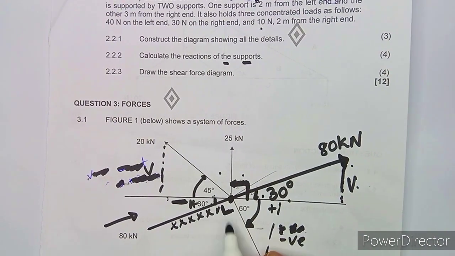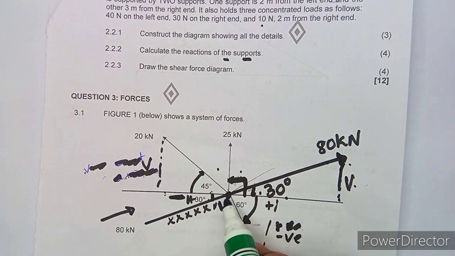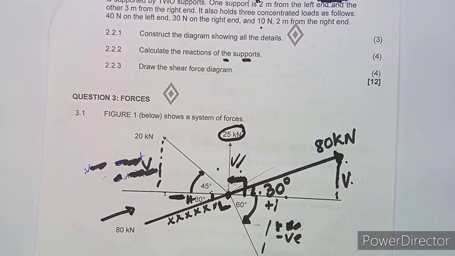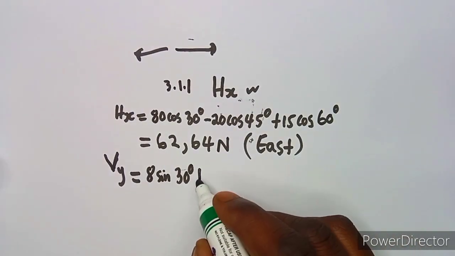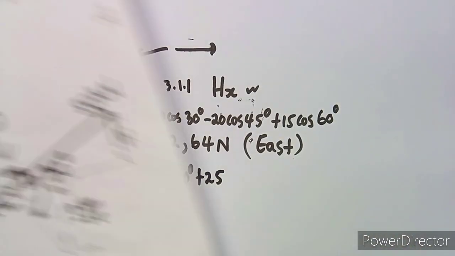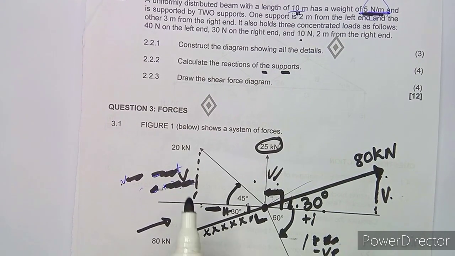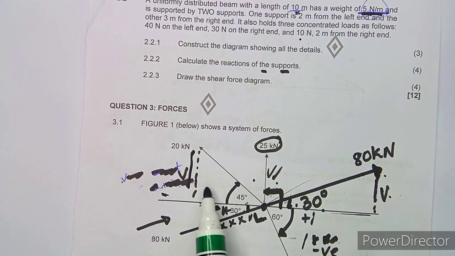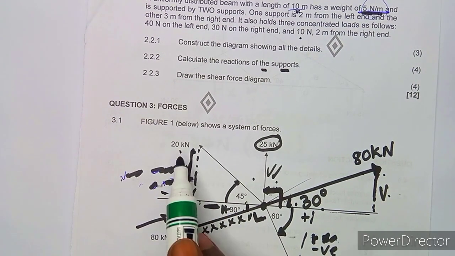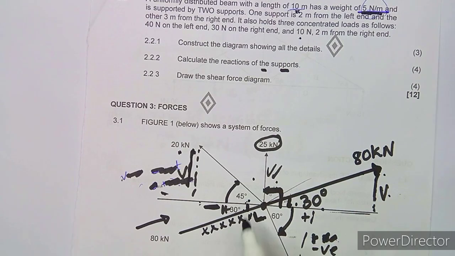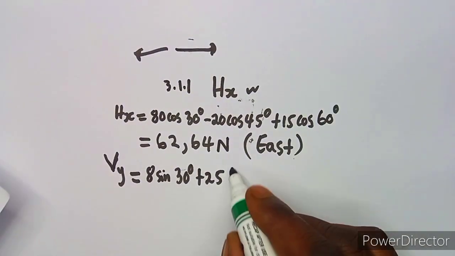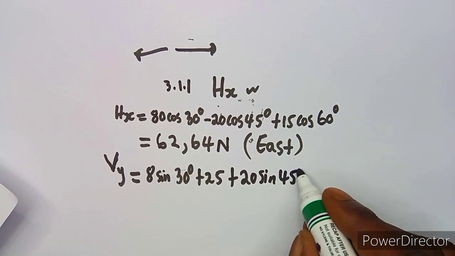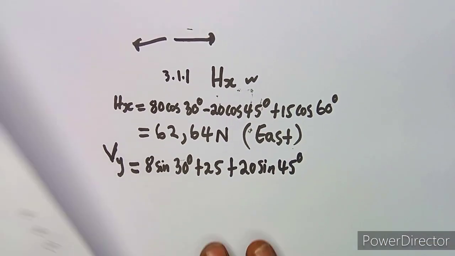Remember, guys, last time we said this is a vertical, we didn't involve it on the horizontal because it's a straight vertical of 25. It's facing upwards, so you're going to add 25. Then this vertical component is also above the horizontal, so it's 20 sine 45, positive, facing upwards, so you add.